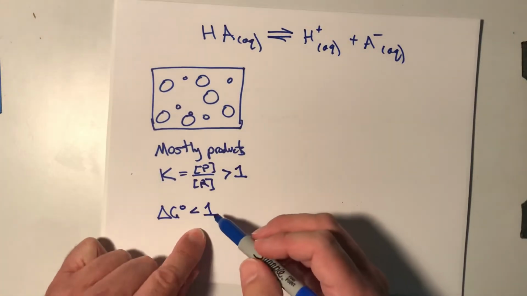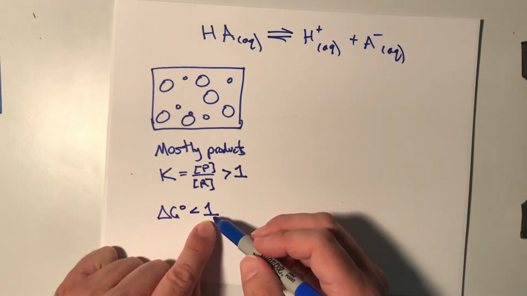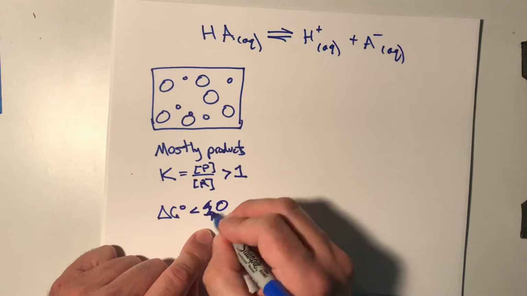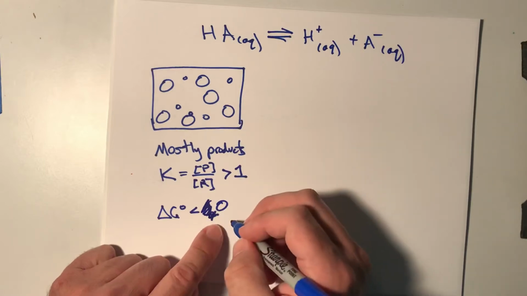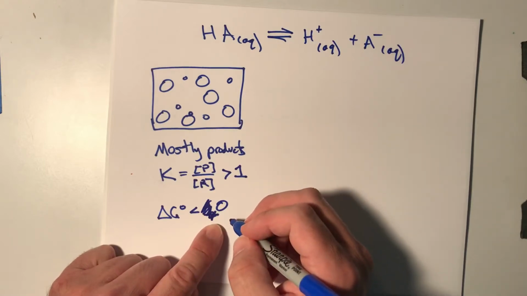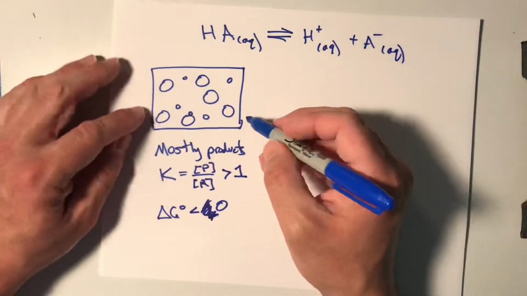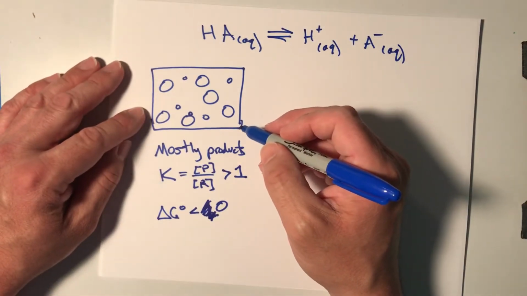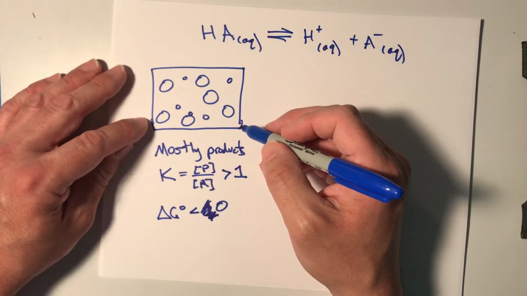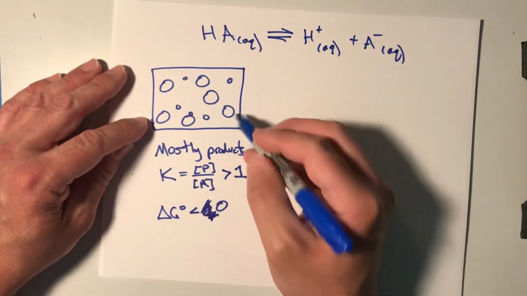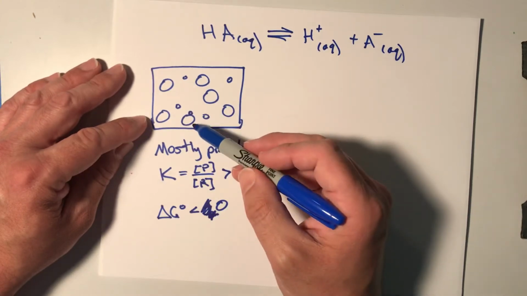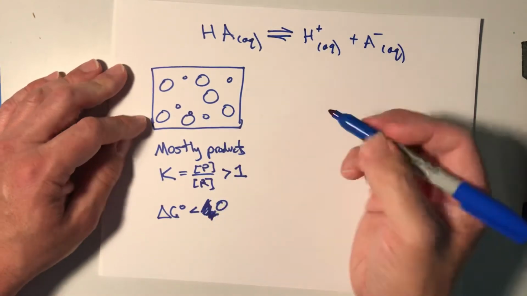In our previous discussion, we would have called a negative delta G thermodynamically favorable. Now we're going to think of it additionally as, for a reaction that reaches equilibrium, a negative delta G corresponds to mostly products being present, but still maybe a few reactants, depending on exactly what that delta G number is.